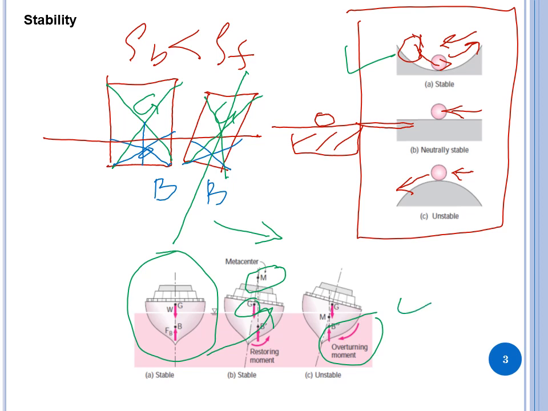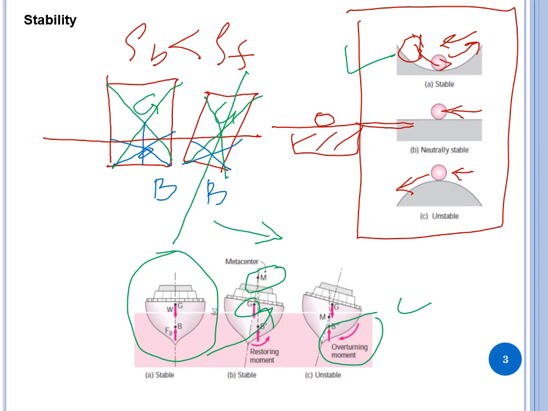So to understand stability, a simple rule is if the buoyancy force and the center of gravity are in line, the system is going to be stable. You can say it's naturally stable. If it is not naturally stable, but the metacenter is above the surface of the fluid, it will have a restoring moment and the system will stay stable.